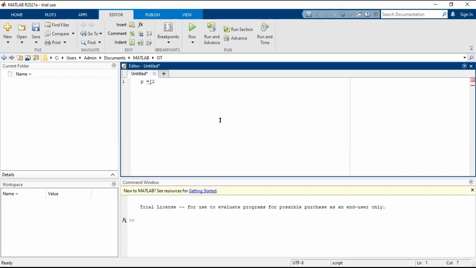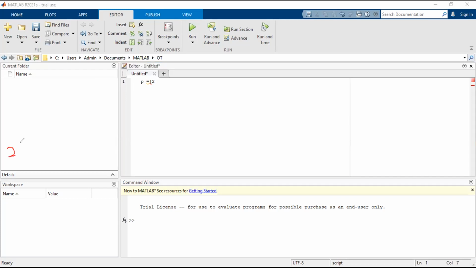Our equation was like this: 2x cube plus 8x2 minus 47.3. And you are saying the next will be the 8.